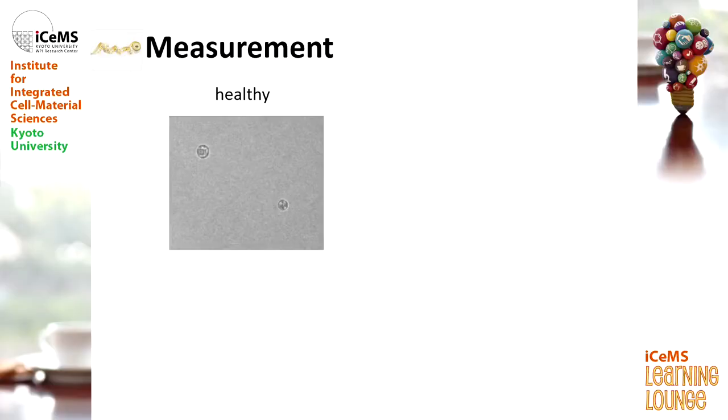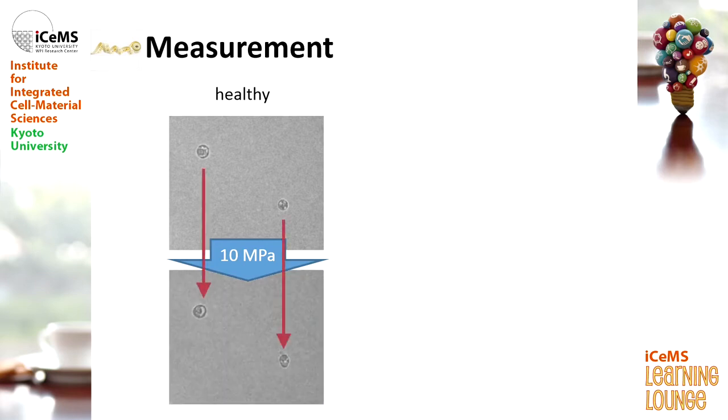And now I'm going to show the result of the experiment. This is the healthy cells sitting on the artificial cell membrane. And we gave the shock wave with 10 megapascal. What happened was they stayed at the original position. So they were quite strongly attached to the substrate.